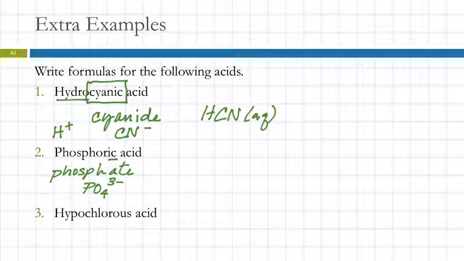To make it into an acid, I'm combining it with hydrogen ions. Hydrogen is over there in group 1, it's +1, right? So the charge on this anion tells me how many hydrogens I need. So this is H3PO4 aqueous. Any questions?